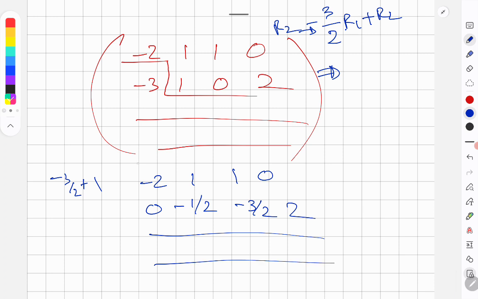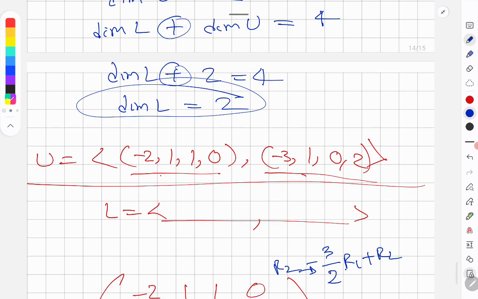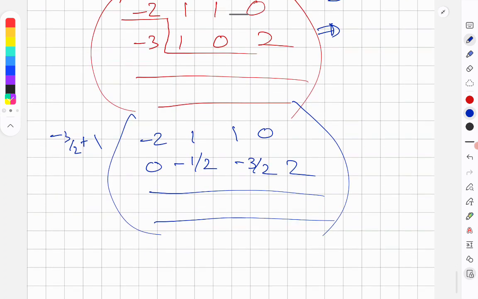So now you know the dimension of L should be 2. Now you put some values so that this will be linearly independent. So if I take some values like 0, 0, some alpha, beta, maybe 1, 2, 2, 3, I don't care, and here I put 3 zeros, and I put some value like 1, 3.